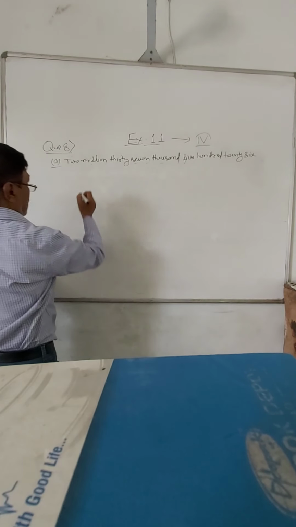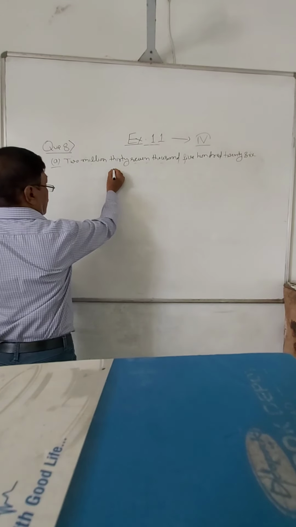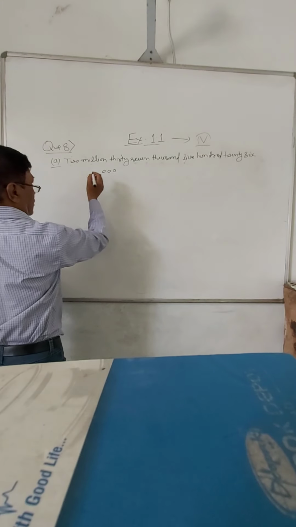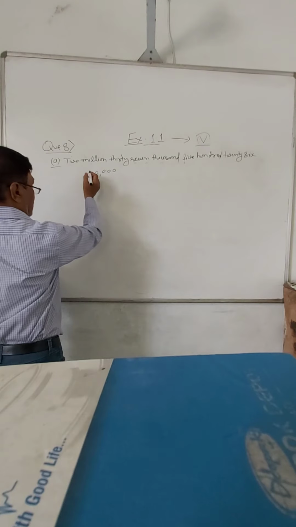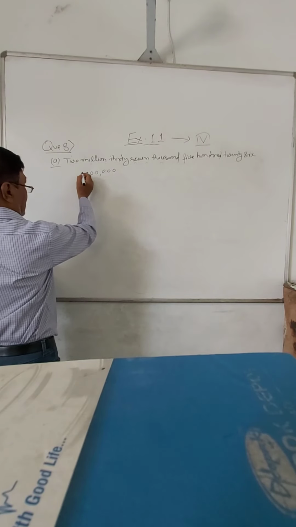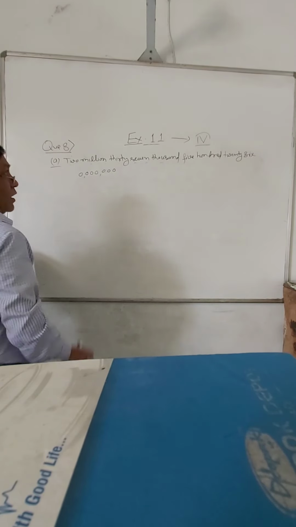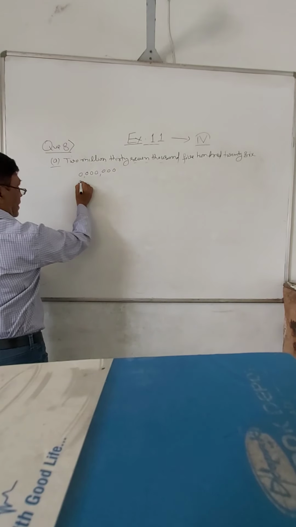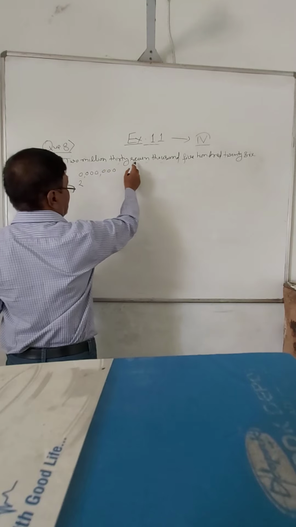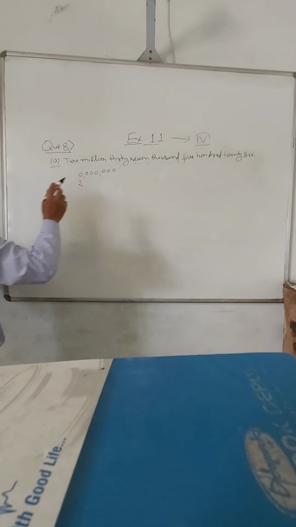Now see, ones, tens, hundreds. Put a comma. 1,000, 10,000, 100,000. Then again here, million. How many millions are given here? 2. So below this, write 2. And 37,000.